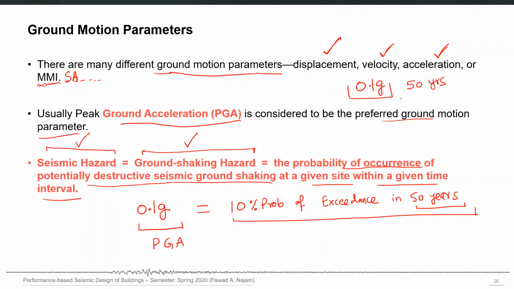But now in the probabilistic definition we not only give a fixed number, we also associate that number with a probability of exceedance in a particular number of years. So this is the exposure time.